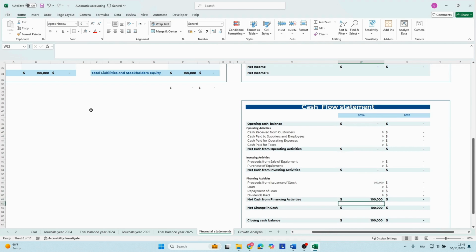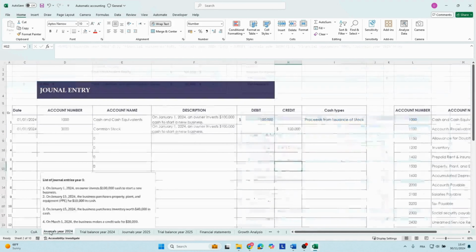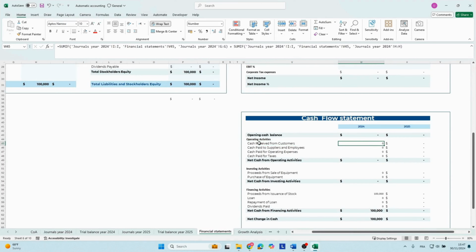Then there is the cash change for the period of 100,000. We get the data from the journals, which is linked to the cash type, and we use the summary formula to get the cash movement for the period.